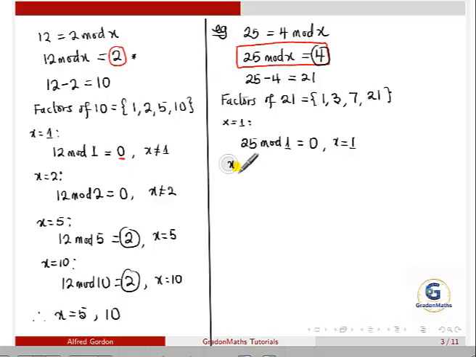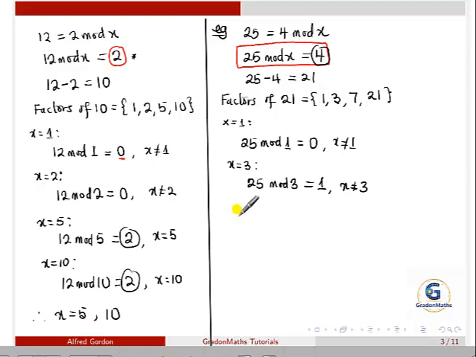Also, when x is equal to 3, we have 25 mod 3, and 25 mod 3 will give us 1. This is not what we are expecting, so x is not equal to 3.